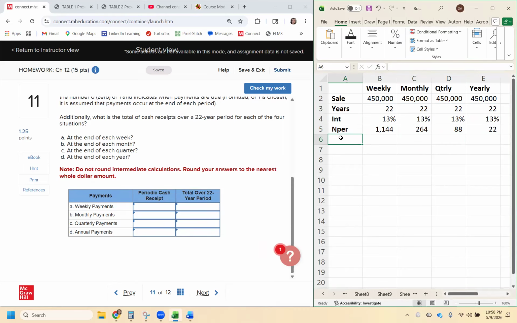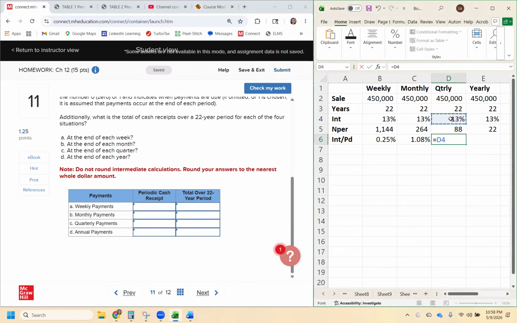Okay, and then this is interest per period. So the interest per period, it's 13%. And we need to divide that, that's per year, so we divide that by 52 weeks in a year. These need to be percents. Okay, and this one is 13% per year, and we got to divide it by 12 months in a year.